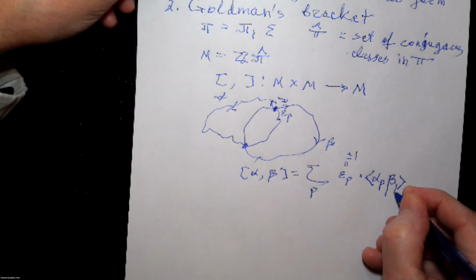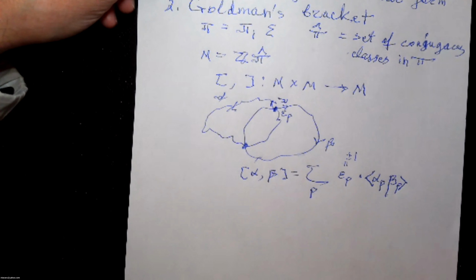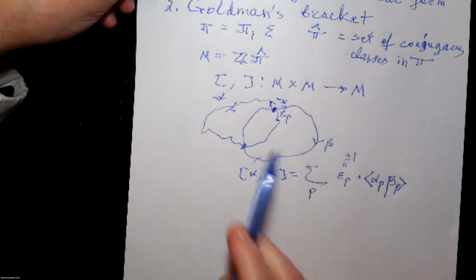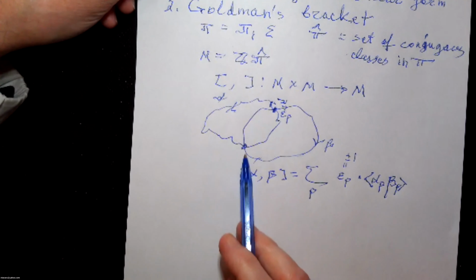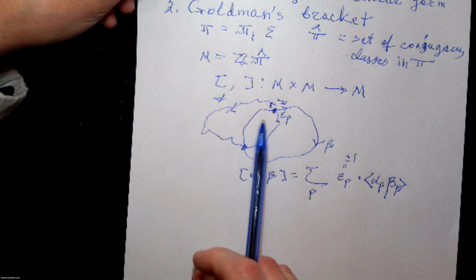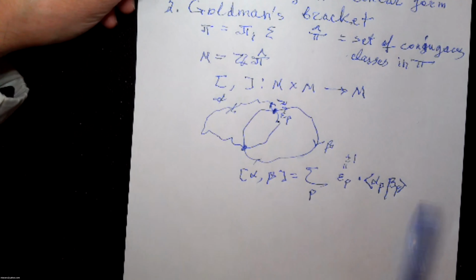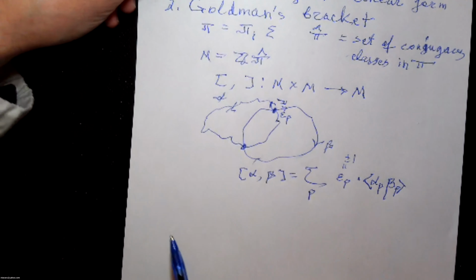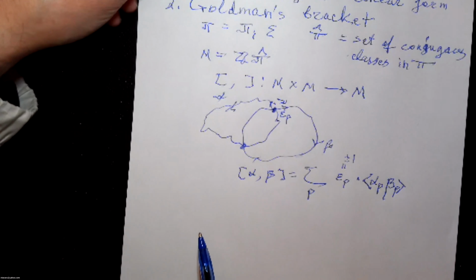So that's, so to say, the product of these loops based at this point P times the sign, and sum up over all P's. Now it turns out that this thing is well defined.